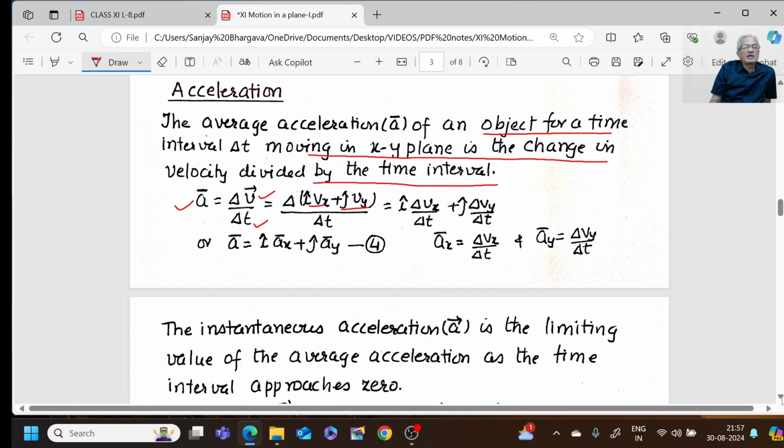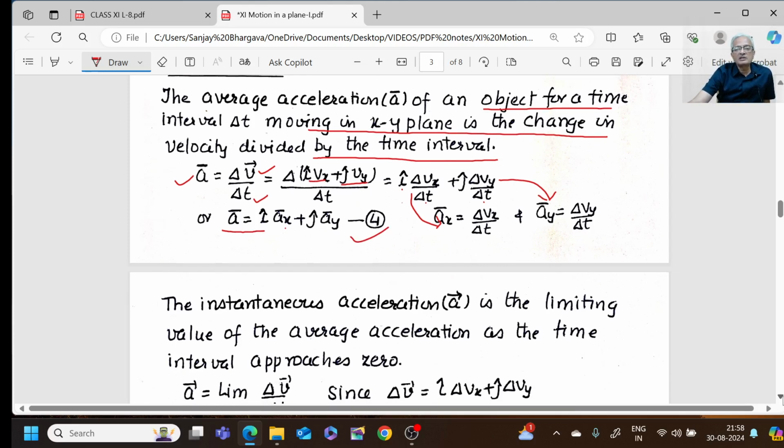So it can be written as i of delta vx by delta t plus j of delta vy by delta t. This represents the x component of the acceleration and this represents the y component of the acceleration. So average acceleration would be i of ax bar plus j of ay bar, and we call this equation number 4.